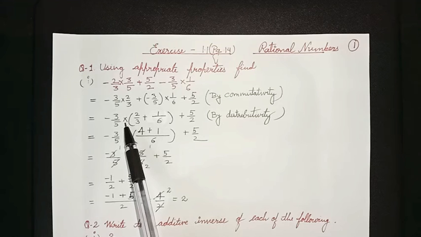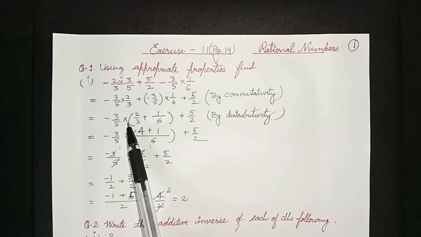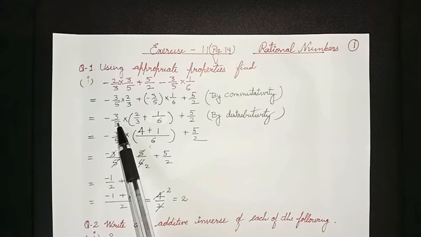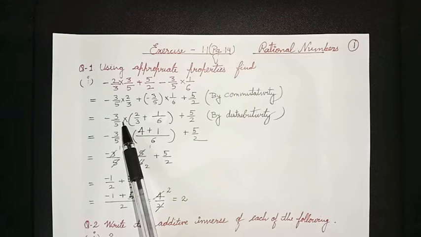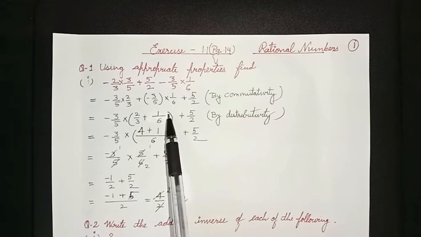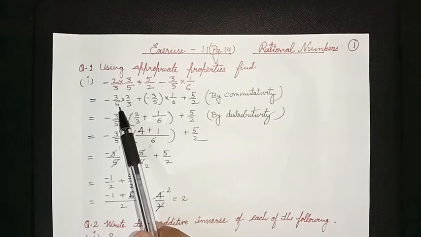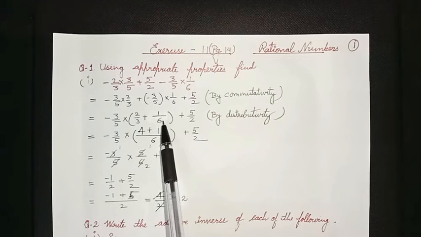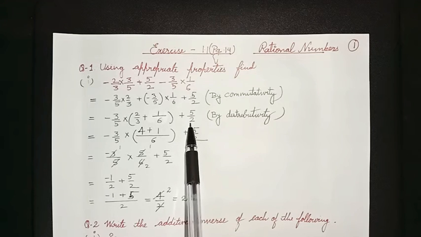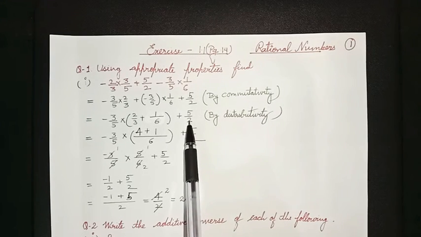Because in this step, we have to take common minus 3 by 5. After taking minus 3 by 5, in the bracket 2 by 3 plus 1 by 6 remains. Plus 5 by 2 we will write as it is.